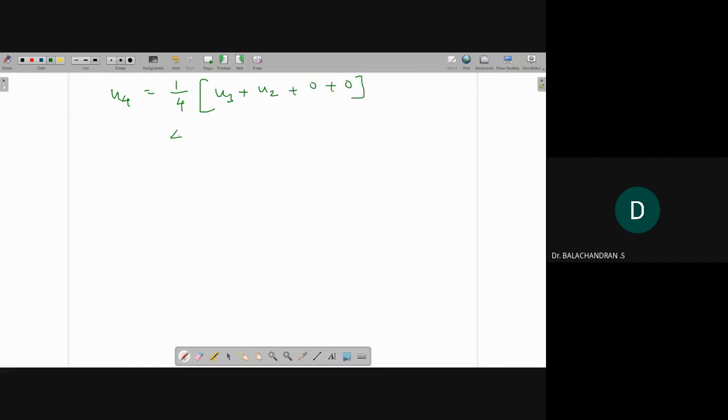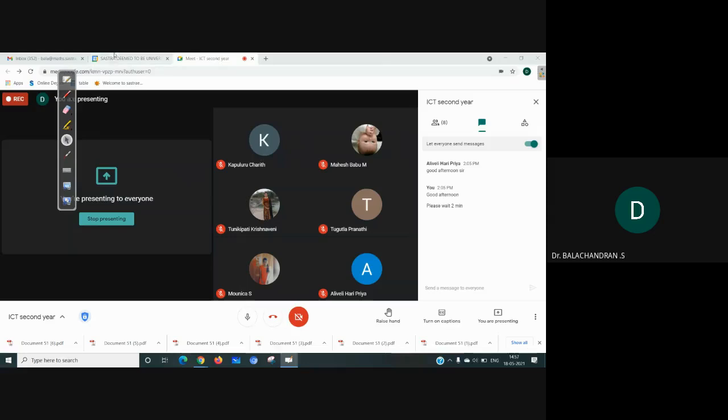So 4u4 equal to u2 plus u3, or u2 plus u3 minus 4u4 equal to 0. So now you have 4 equations and 4 unknowns. You can solve to find the values of u1, u2, u3, u4.